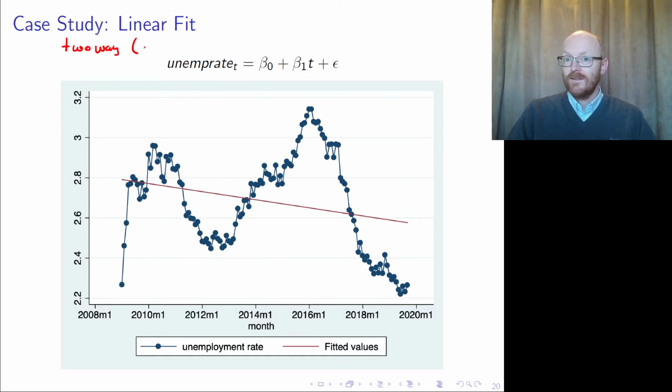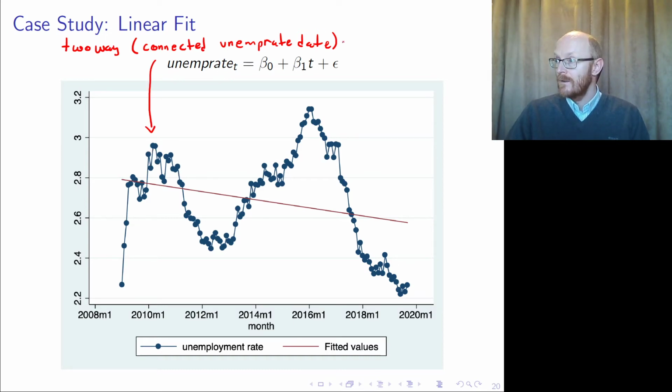Okay, so the way we generate this plot is just to write twoway, and then we have connected, and we have the unemployment rate, and we have the date, in order to make this blue line and the data dots.